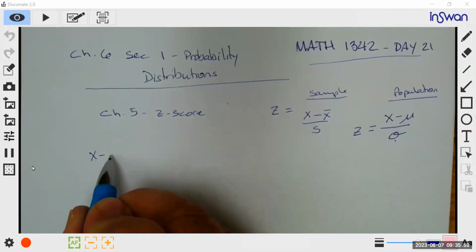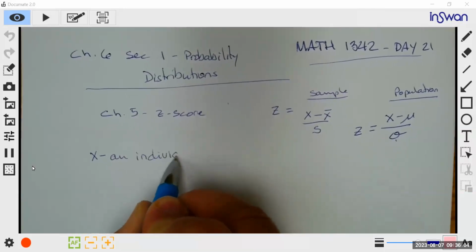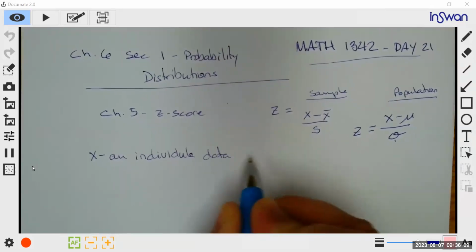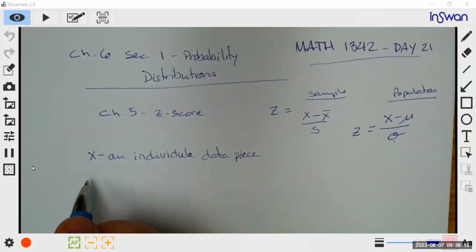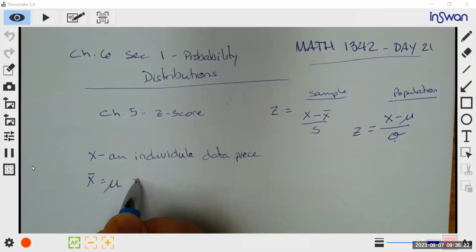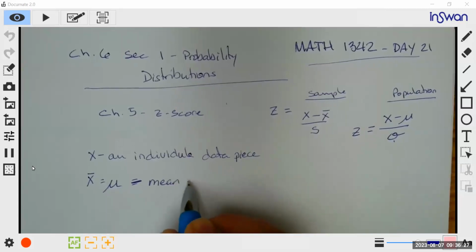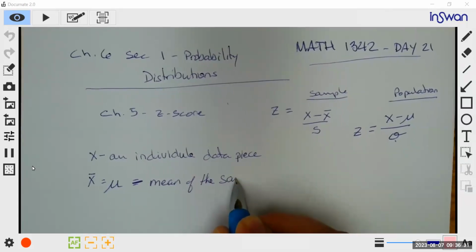The X represents an individual data piece. The X bar and the mu represent the mean of the sample or population.